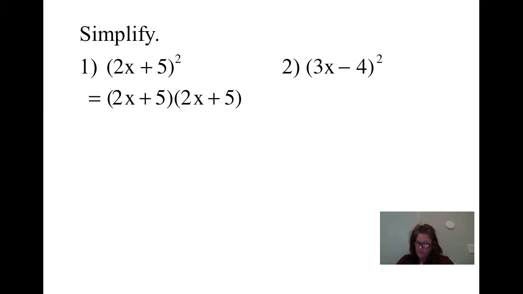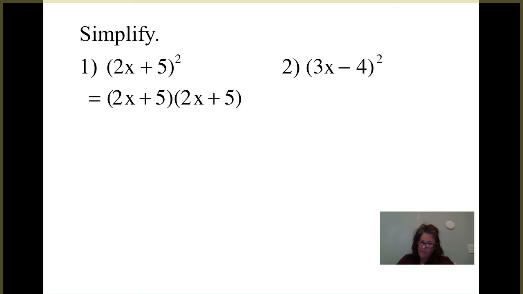Now, I'm going to multiply 2x times everything inside the other binomial. 2x times 2x makes 4x squared. 2x times 5 makes positive 10x.